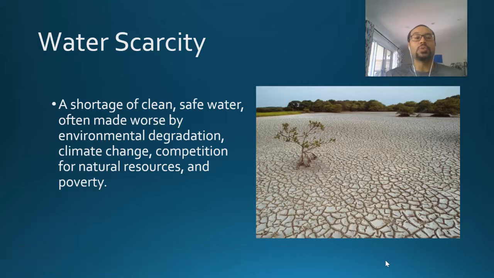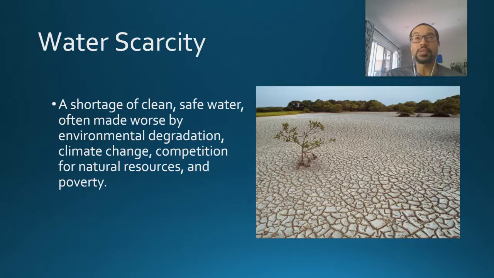Which brings us to water scarcity. Water scarcity occurs when, for one reason or another, or usually a combination of factors, there is not enough clean, safe water available for the population. It could be because of economic reasons.